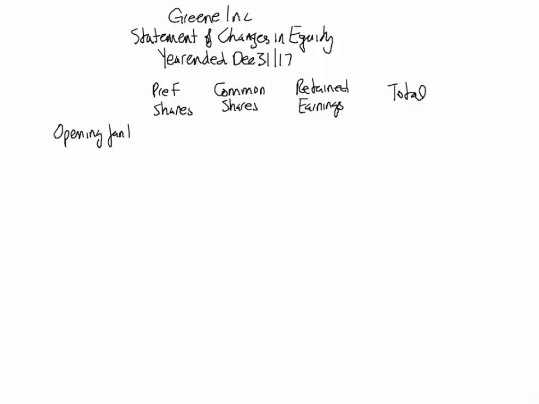So in this case, preferred shares was 1,500,000, and then common shares was 7,652,000, and then retained earnings was 1,250,000. And then the total was, oh, wait a minute, I realized I didn't mark down the total. Okay, 10,402,000. So that's the start.